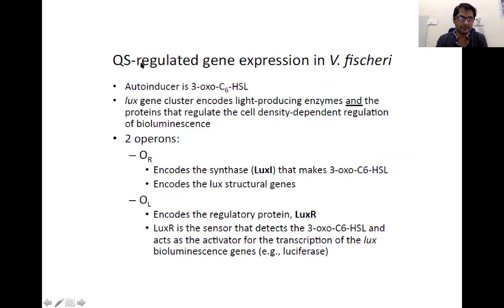So quorum sensing in Vibrio fischeri is operated by two operons, the OR operon and the OL operon, and the autoinducer is 3-oxo-C6-HSL.